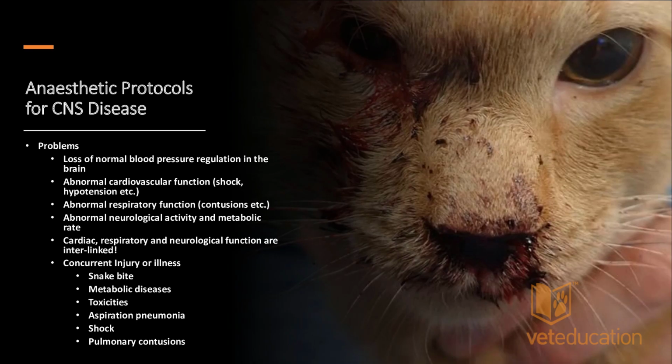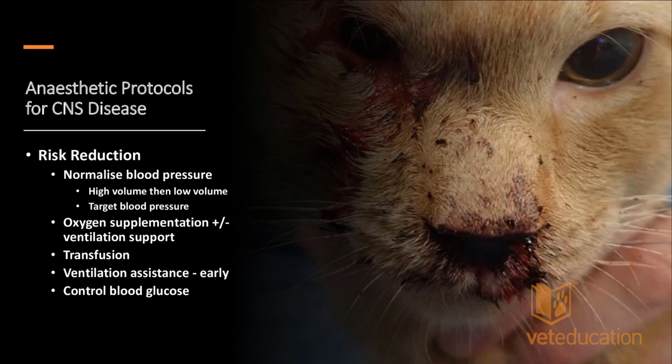And then don't forget that patients with neurological disease can have other conditions or illness. Trauma can cause pulmonary contusions, as we've already mentioned, and shock, but patients may have vomiting and aspiration, they may have toxicities, they may have metabolic diseases, or they may have suffered snake bite, for example, that's caused hypoventilation as well as hemorrhage into their brain.